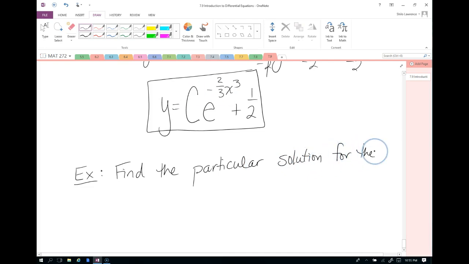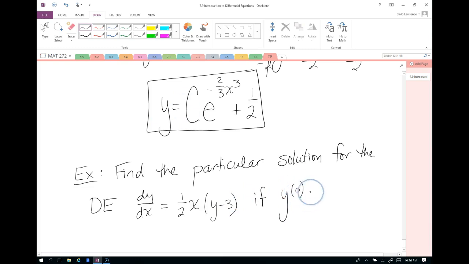For the differential equation dy dx equals 1/2 x times y minus 3, if y of 0 equals 5.